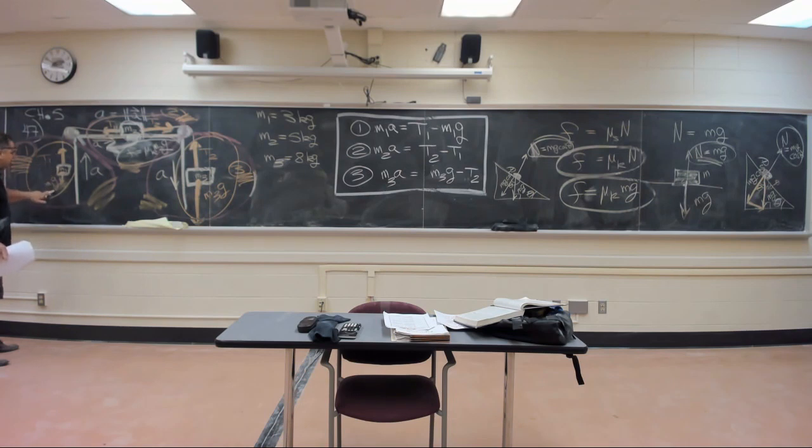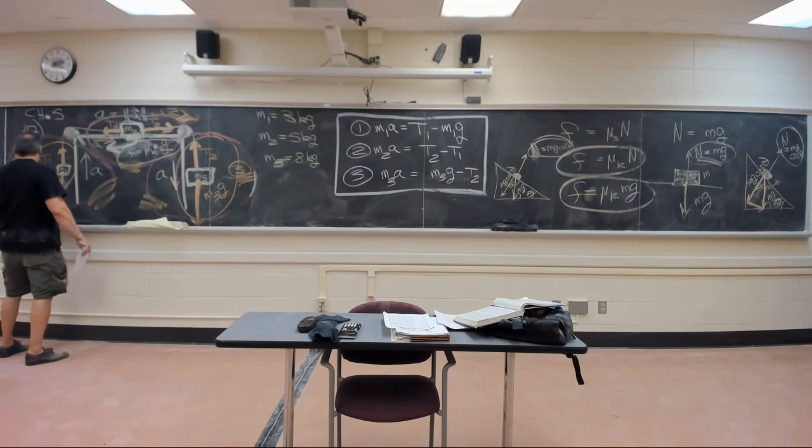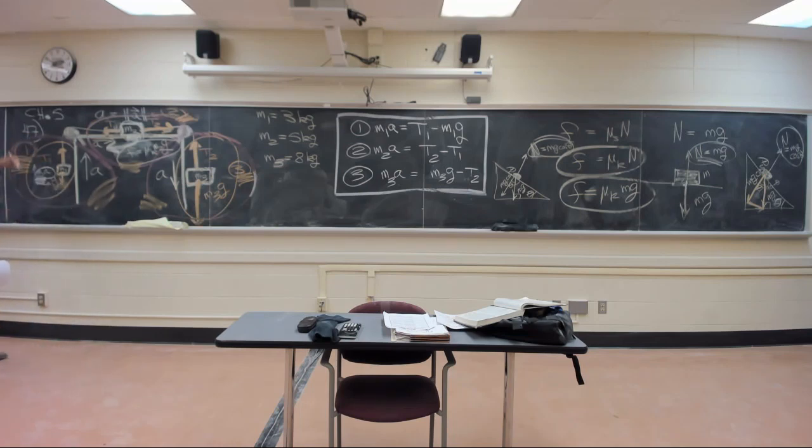T1 and M1G, subtract the two. The difference between the two is the resultant force, M1A. Acceleration A, this guy M1 is going to move with acceleration A. What does that mean?